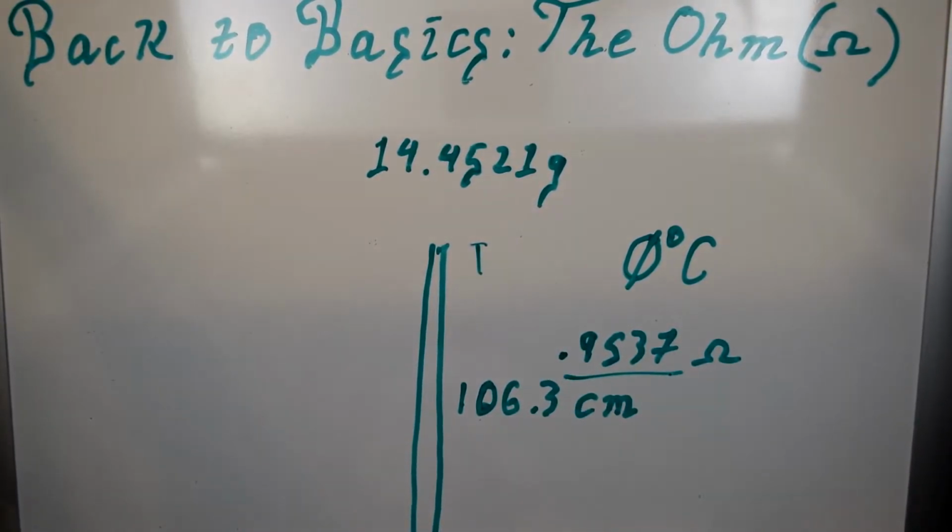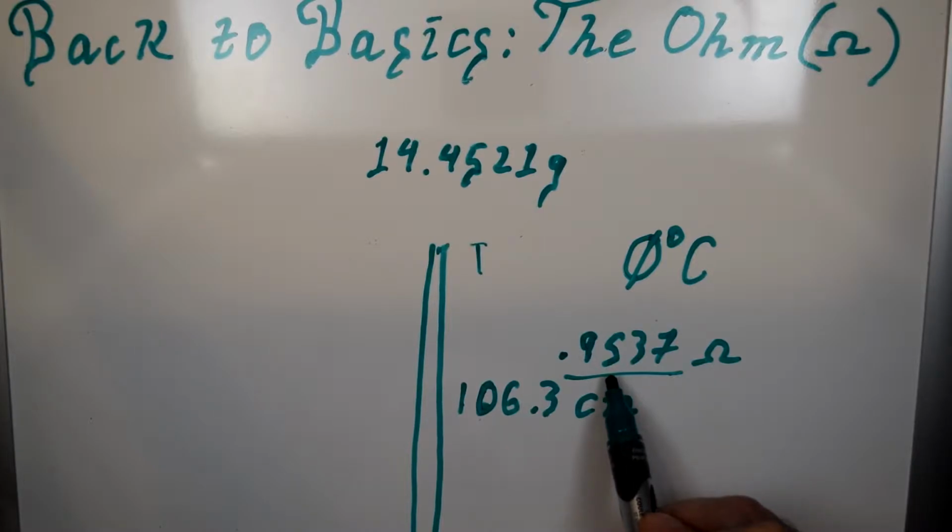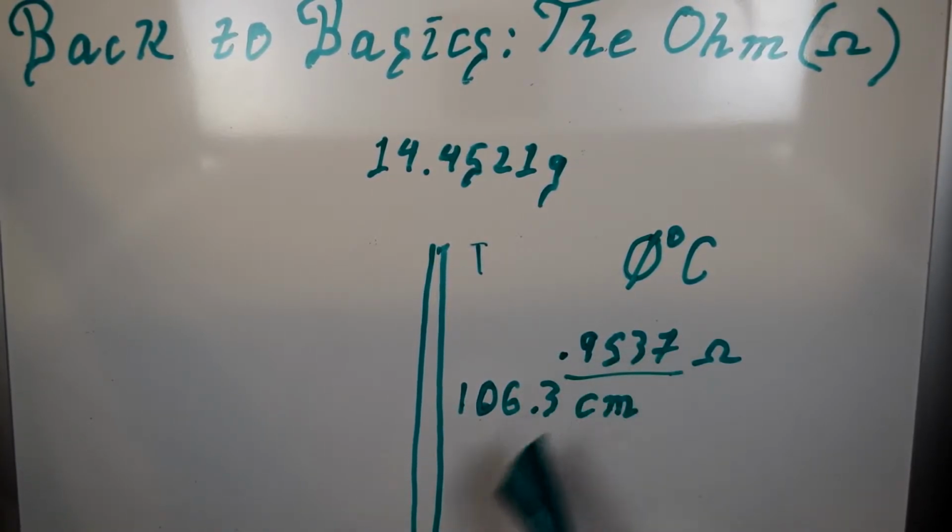Now, for the basic multimeter, for the hobbyist, having an accuracy of 5/100ths of an ohm is pretty good for most multimeters, but when things started needing to be super precise, they needed to redefine the ohm.